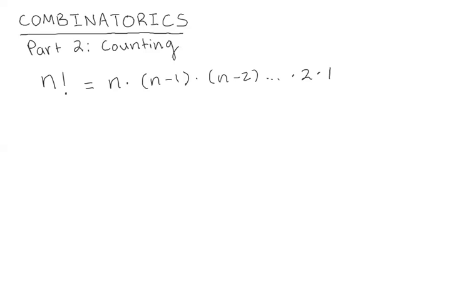So it's just the product of all the numbers from 1 to n. For example, 4 factorial is 4 times 3 times 2 times 1, which is 24. 3 factorial is 3 times 2 times 1, which is 6. So very easy.